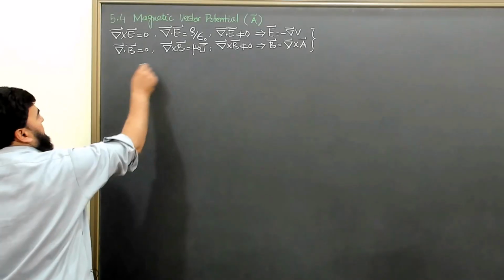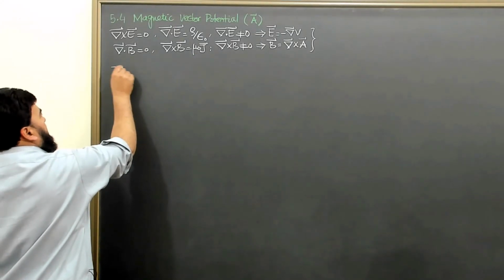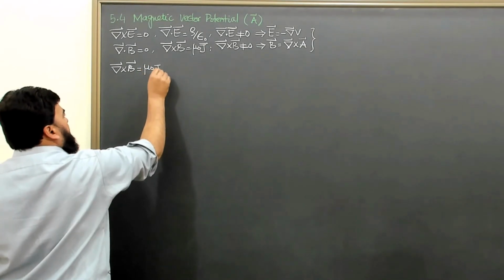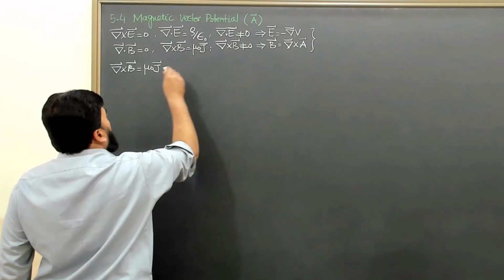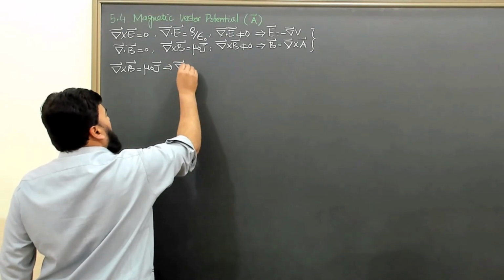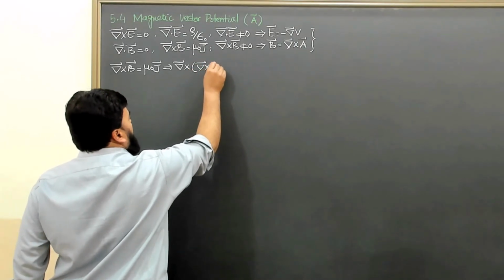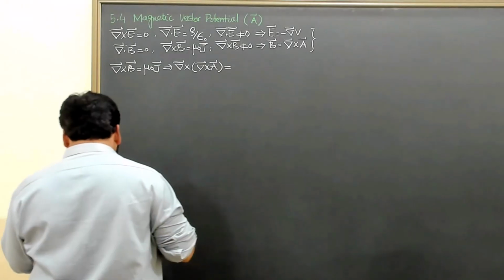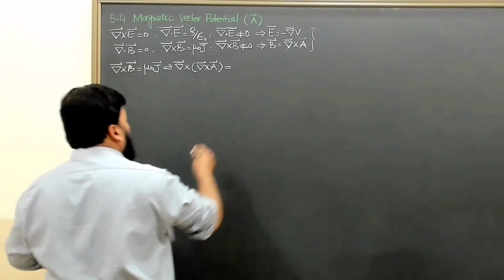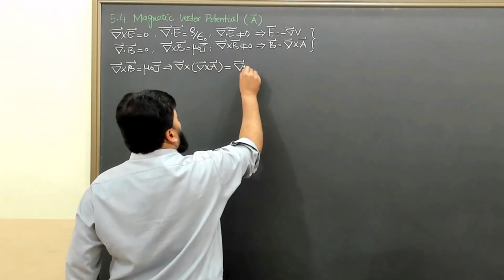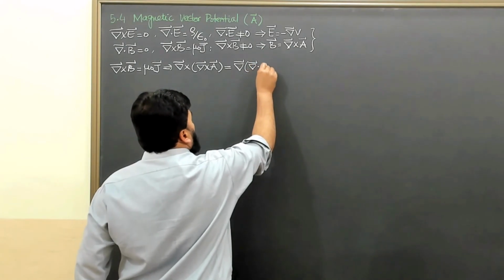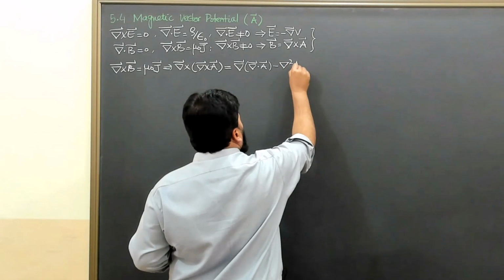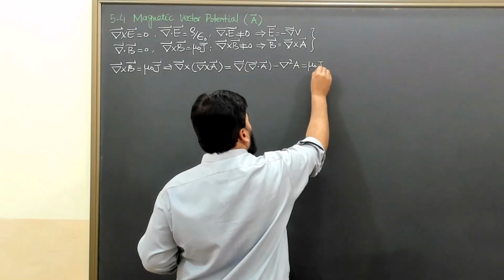Here Ampere's law is that del cross B is equal to mu naught J, and I know that B is del cross A, so this implies del cross, and for B I write del cross A, and this is an identity which I will expand: the gradient of the divergence of A minus del square A is equal to mu naught J.